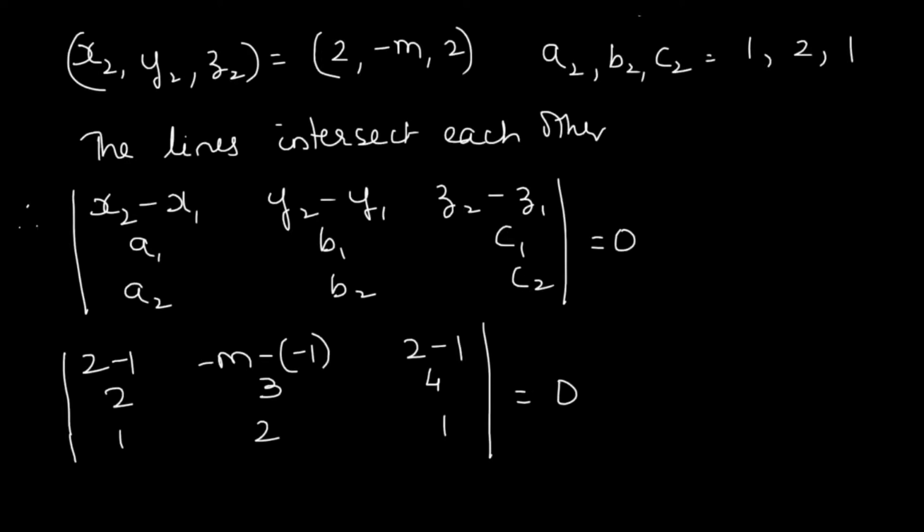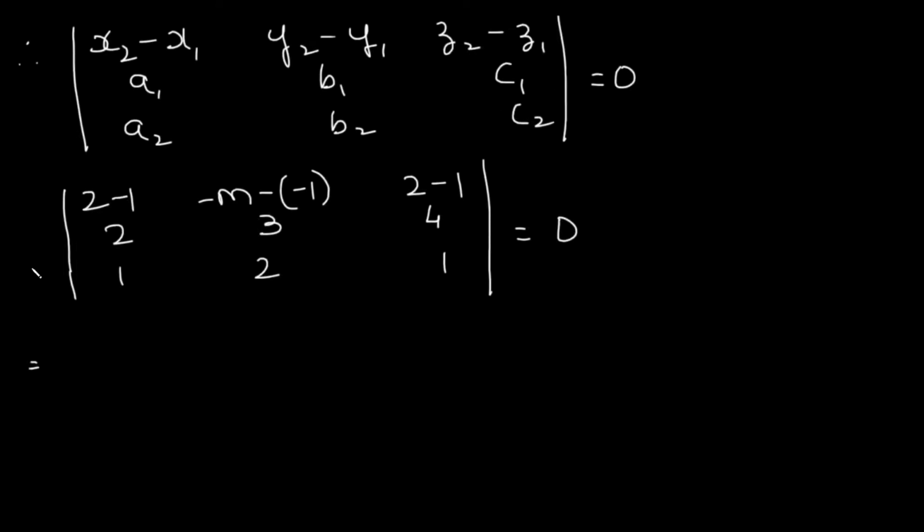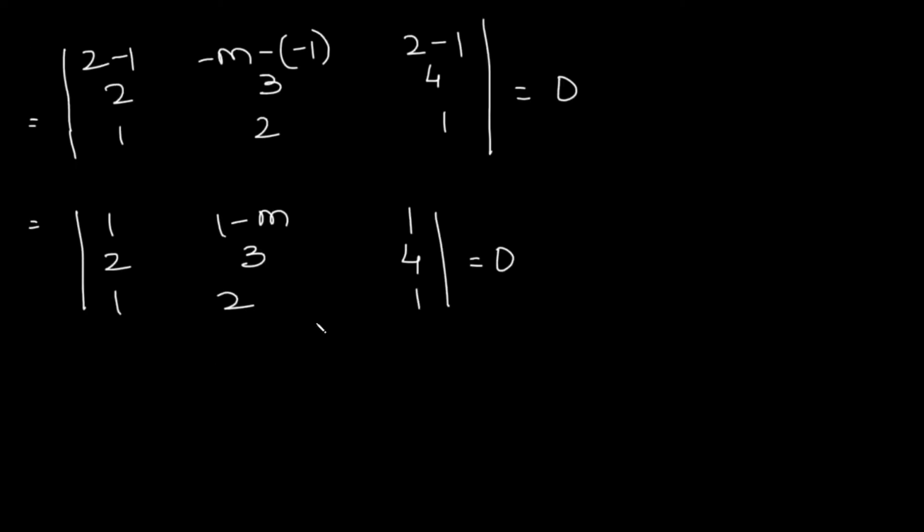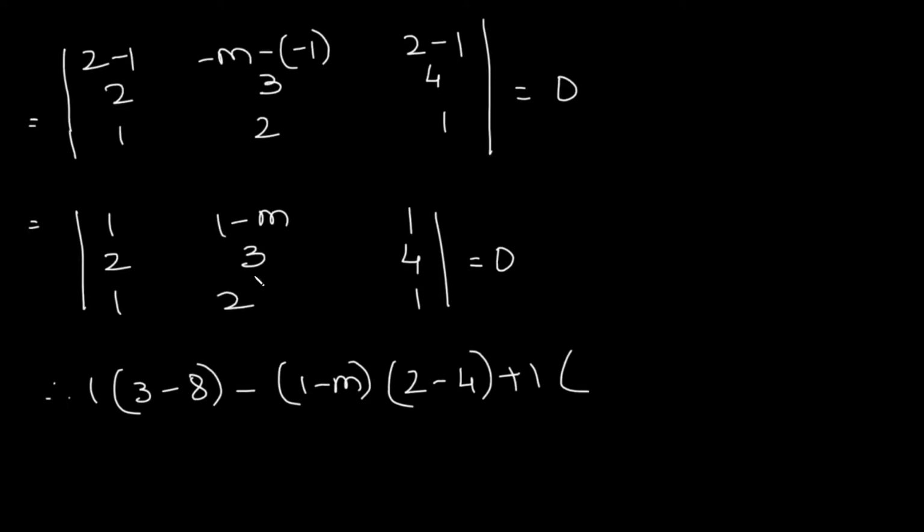And this becomes 0. So solving it further, we get 1, 1 minus m, and 1. Now solving the determinant, we get 1 into (3 minus 8), minus (1 minus m) into (2 minus 4), plus 1 into (4 minus 3), is equal to 0.